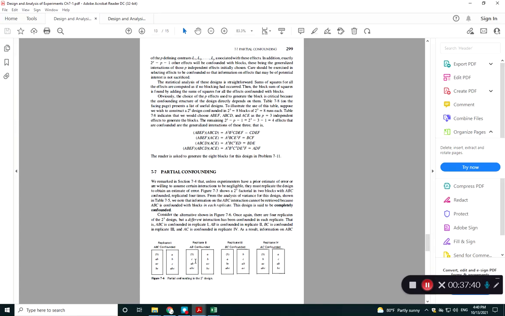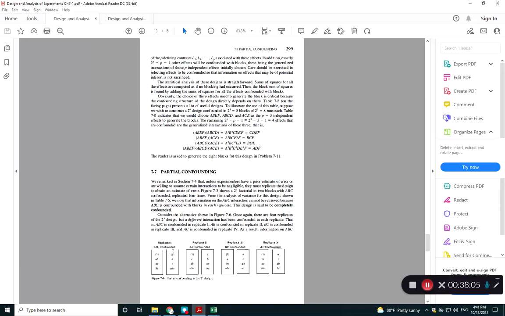Agree? The only important thing here is, can anybody tell me, when we do the major confounding, we don't want to use main effects or two-way interactions, right? We want to keep the resolution high. When we do partial confounding, will we surrender and say, let me do A, confound B, main effect?